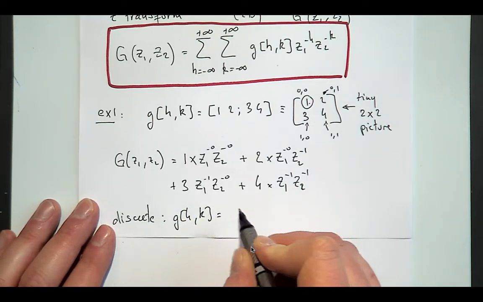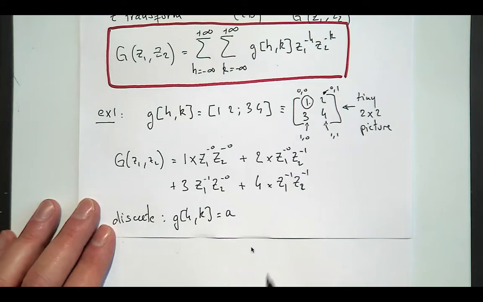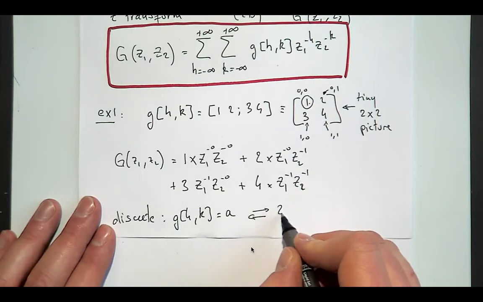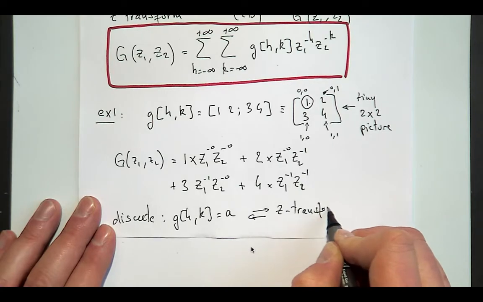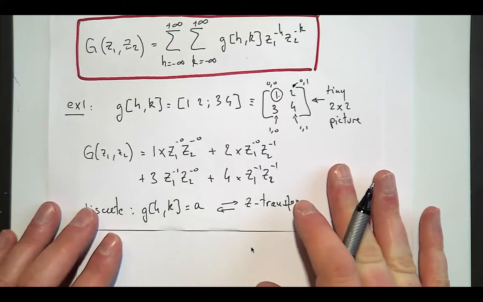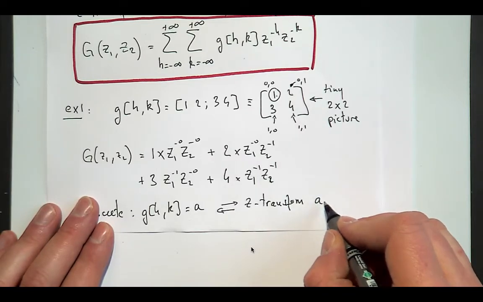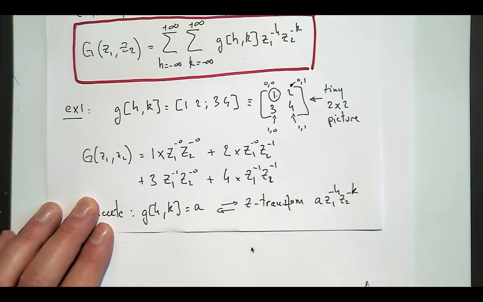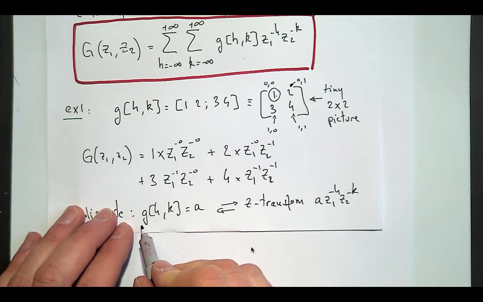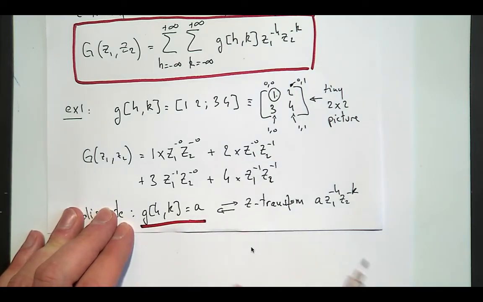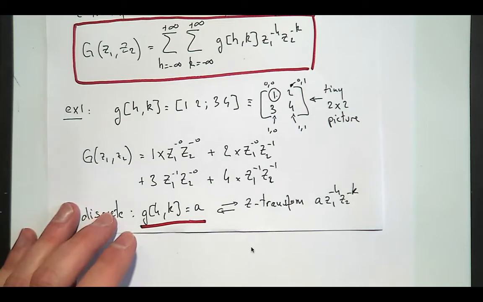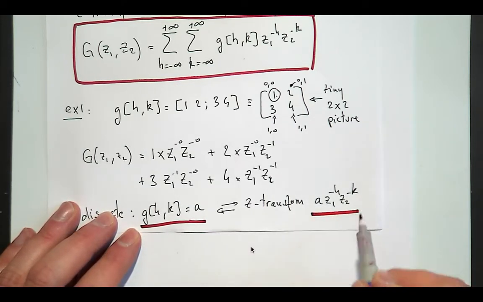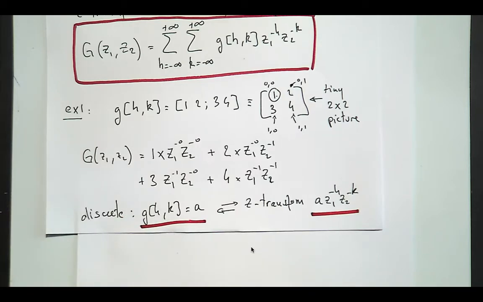A particular coordinate is equal to some number, so let's call it A. And then in the Z transform, you will transform that into something like A times Z1 to the minus H and Z2 to the minus K. So if you have a particular value A in your sample, that gets transformed into this little monomial of A times these powers of Z. All right?